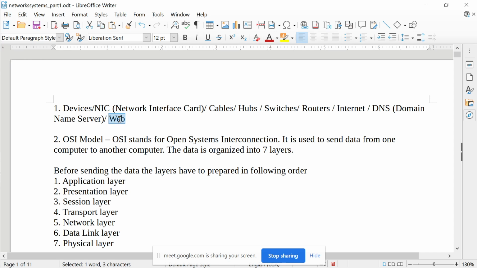What is web then? What is the difference between internet and web? So, web is a website, right? When you talk about web, you're talking about websites. And when we talk about a website, what are we talking about technically? For any website, what all components are there?